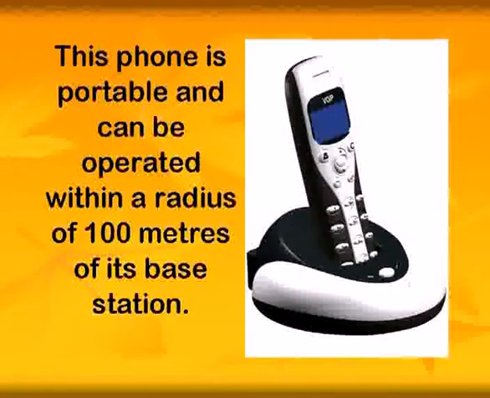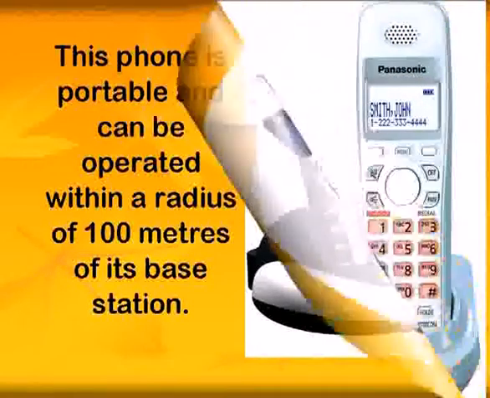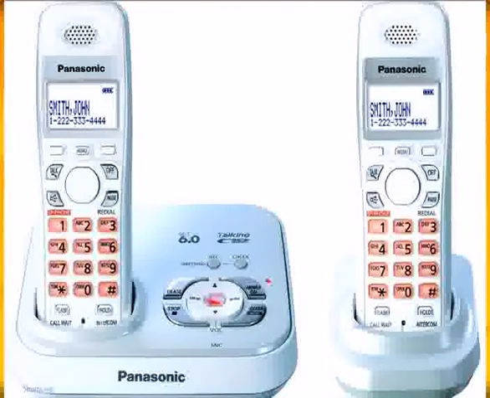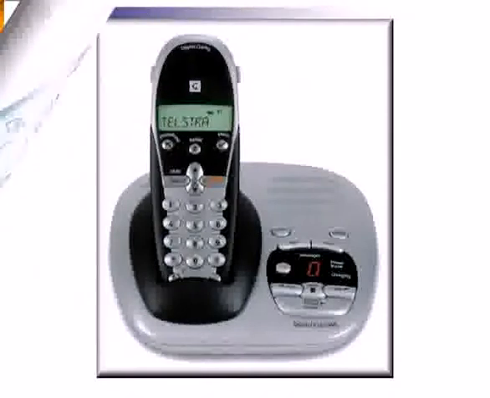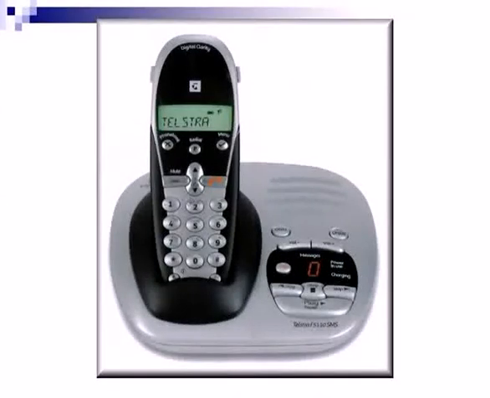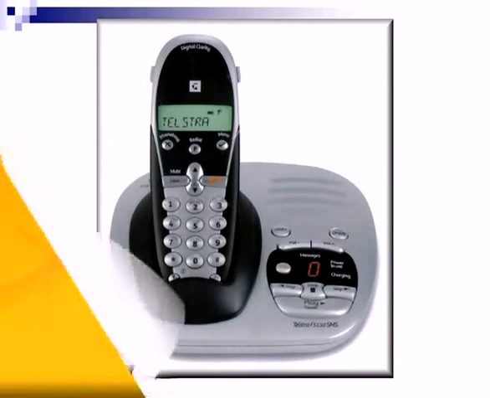This phone is portable as one can simply pick up the handset and move around an area. It can be operated within a radius of 100 meters of its base station. The exact radius of mobility depends on the particular model. Its base station is charged with electricity. It requires regular power supply for its operation.